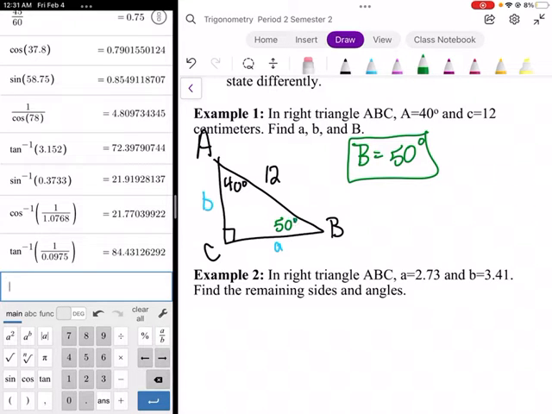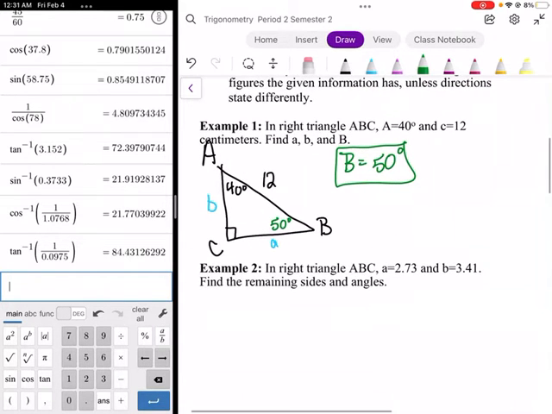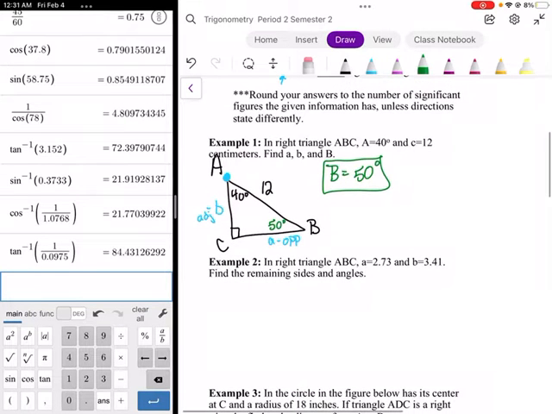Now that we have that, we can go ahead and solve for our missing sides. I'm going to work with angle A as my primary angle, which would make a the opposite and b the adjacent. Now we can use our trig ratios to solve for our missing sides. To start off with, I'm going to do sine of 40 degrees equals a over 12.